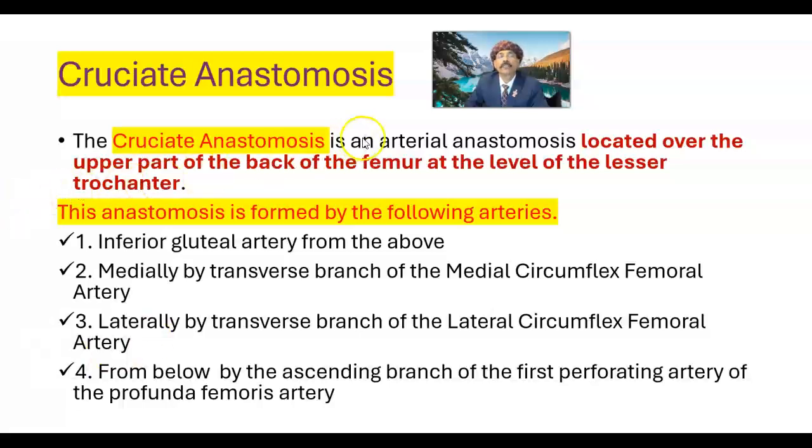The cruciate anastomosis is an arterial anastomosis located over the upper part of the back of the femur at the level of the lesser trochanter.